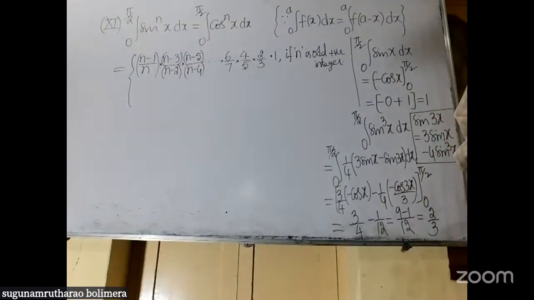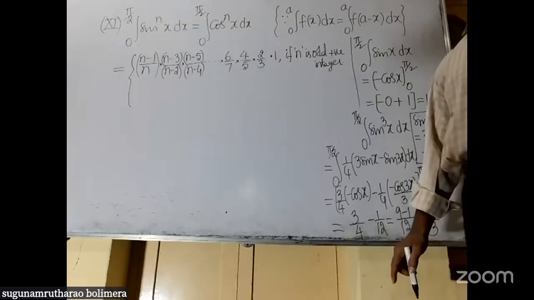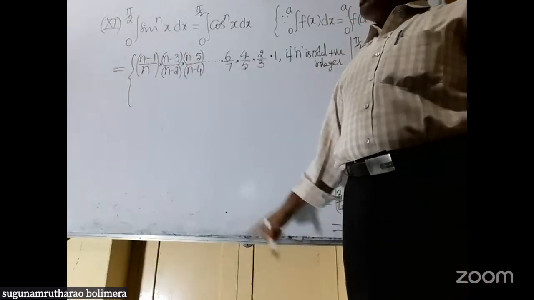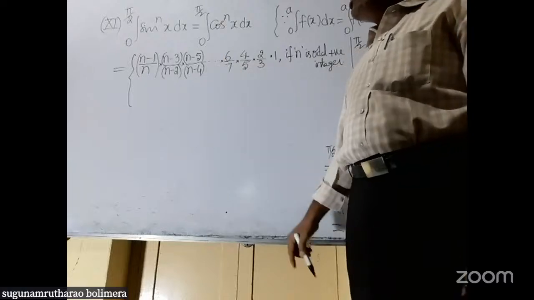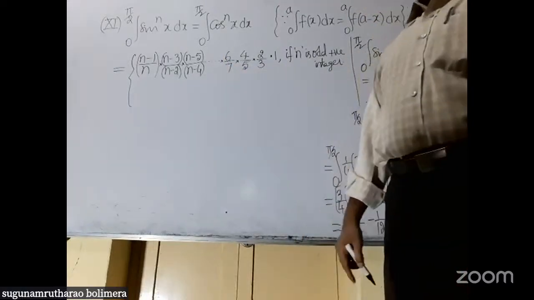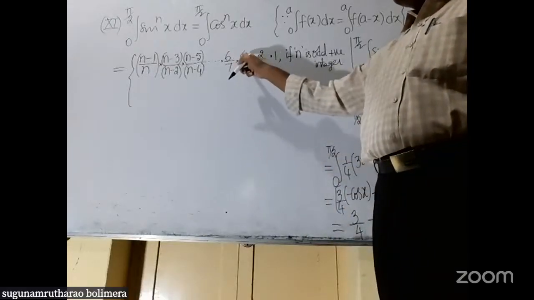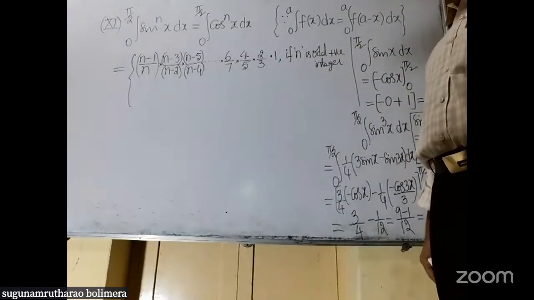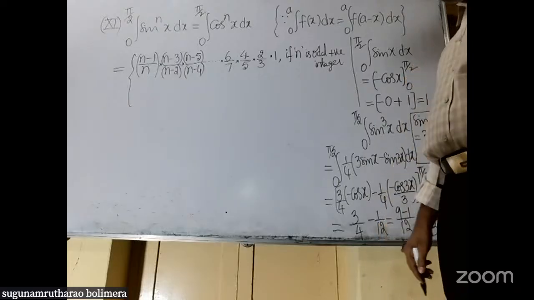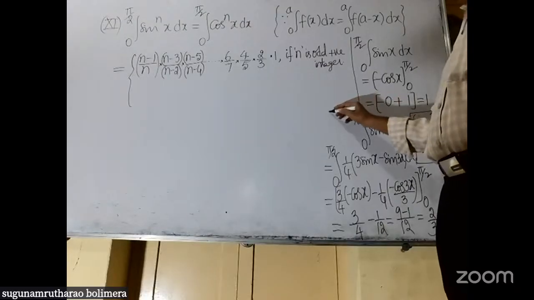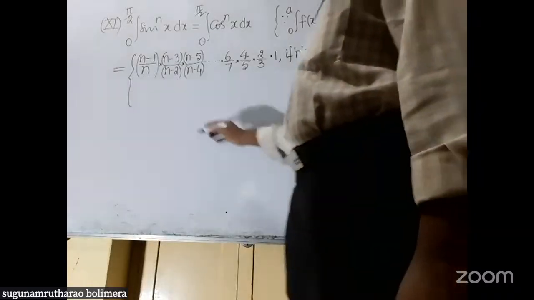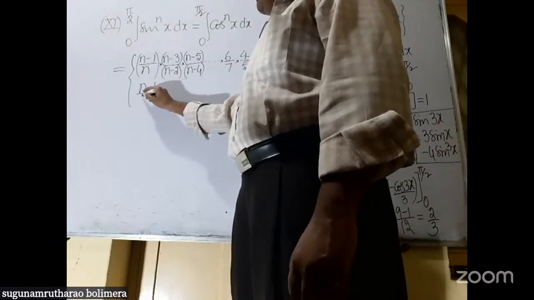Integral 0 to pi by 2 of sin power n x cos power n x dx can be written as n minus 1 by n into n minus 3 by n minus 2 into n minus 5 by n minus 4 into so on, 6 by 7 into 4 by 5 into 2 by 3 into 1, when n is an odd positive integer.